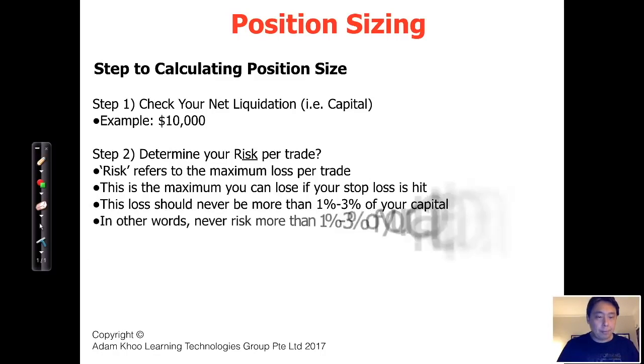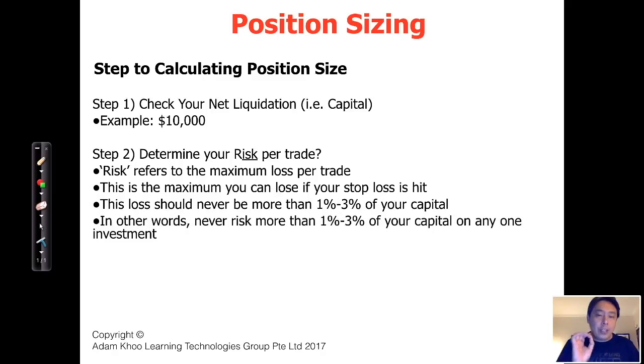In other words, never risk more than 1% to a maximum of 3% of your capital on any single trade. My suggestion is to always start with a 1% risk per trade. And once you are confident enough, you're experienced enough, you can raise it to 2% and eventually to 3% maximum.